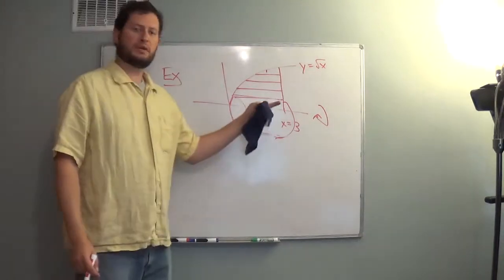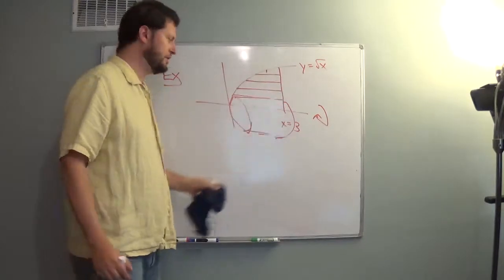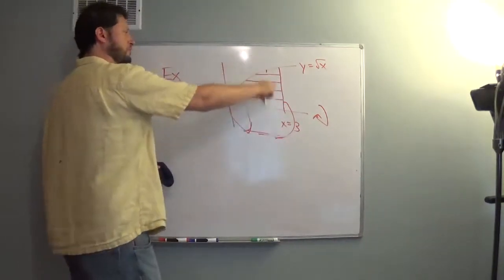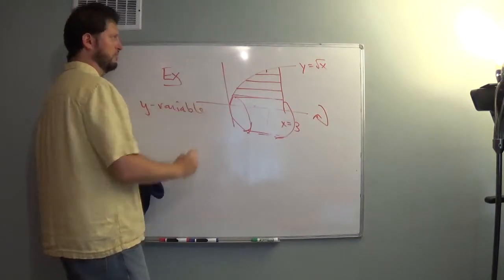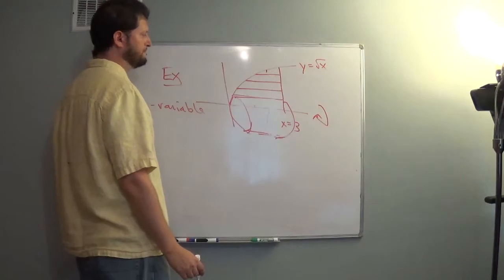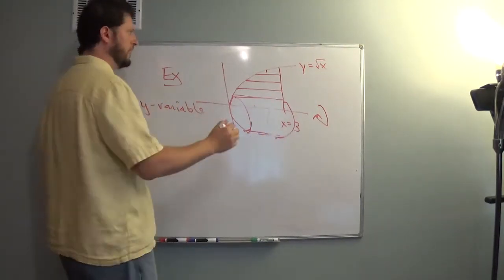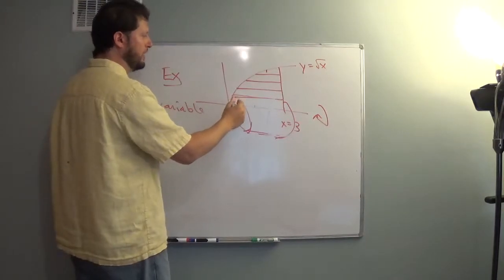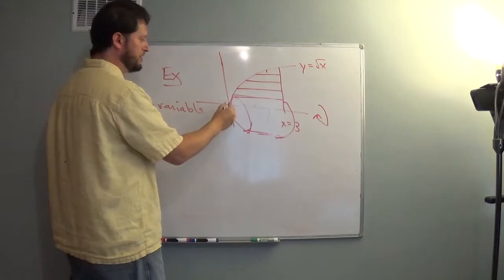What does that mean? Because it's a horizontal line segment and we'd have to move it vertically to fill out the region, the vertical movement means that y is the variable, which means that we need everything in terms of y. So what are the limits of integration in terms of y?